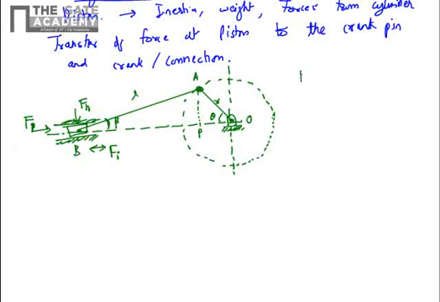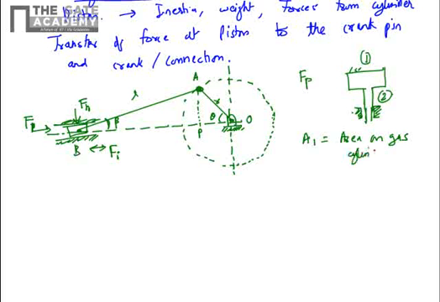So for calculating Fp, you take the geometry of the piston. Piston looks like this. So there is a gland sealing here. This is a piston rod. So this side is 1, this side is 2. Let's say this side's area is A1, area on gas cylinder side, and A2 is the area on the rod side.